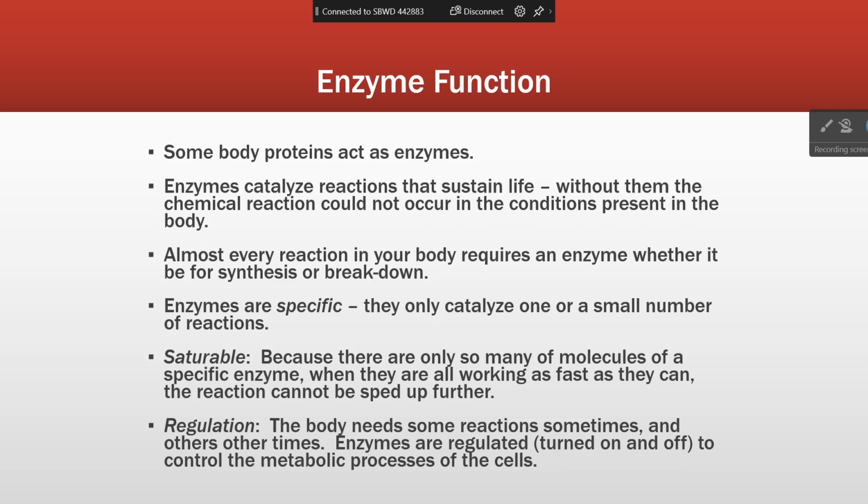DNA to RNA to protein, that's a controlled system. Your skin cells don't make the same enzymes as your liver cells do. Why? Because the genetic machinery is never activated in the skin cells in the same way that it is in the liver cells. So that's just an example.